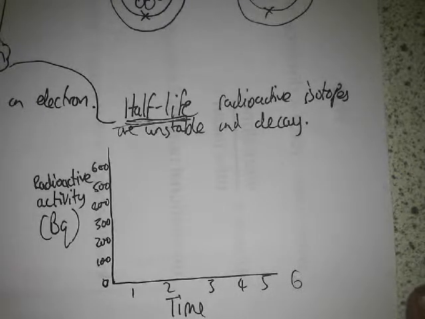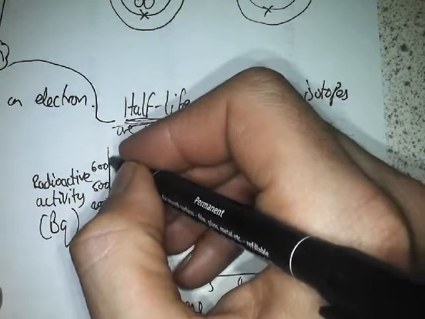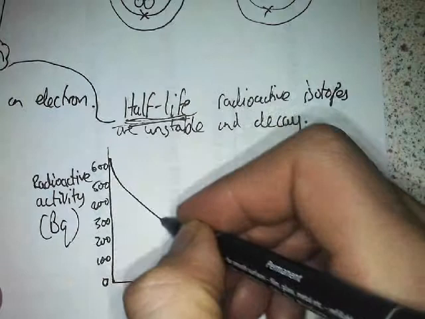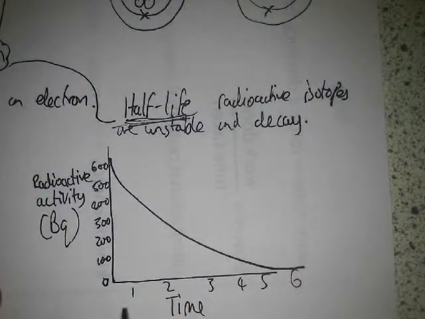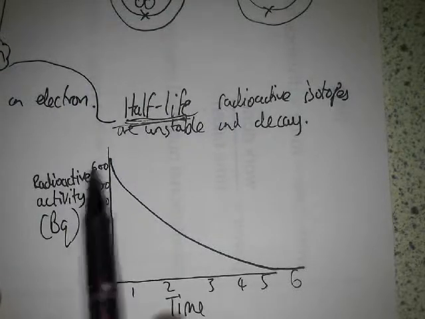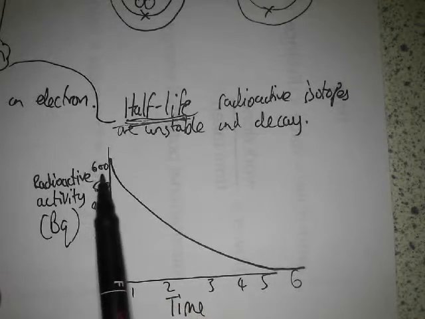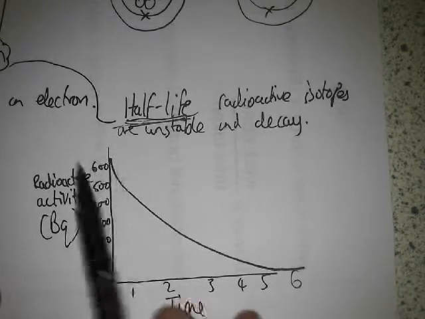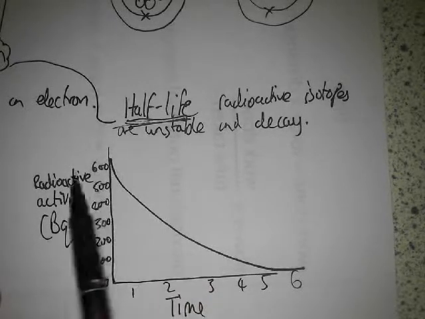And the question will say, calculate the half-life. And you'll get a line like this. You've got to use your graph to calculate the half-life. So, to start with, we had this piece of nuclear material that was 600 times every minute. Then after 2 days, so then what is its half-life?